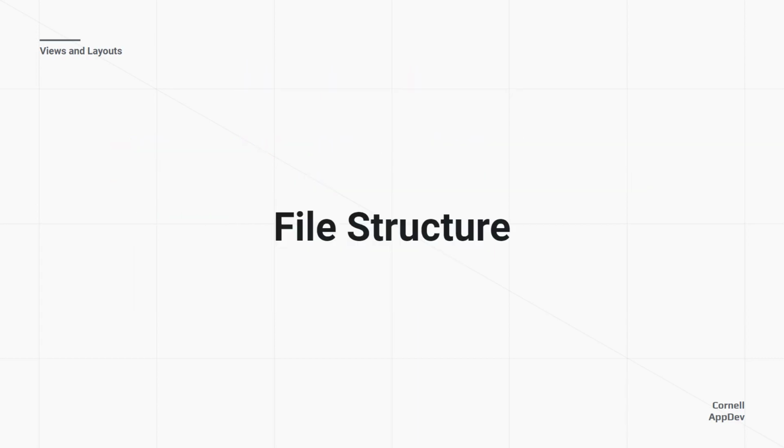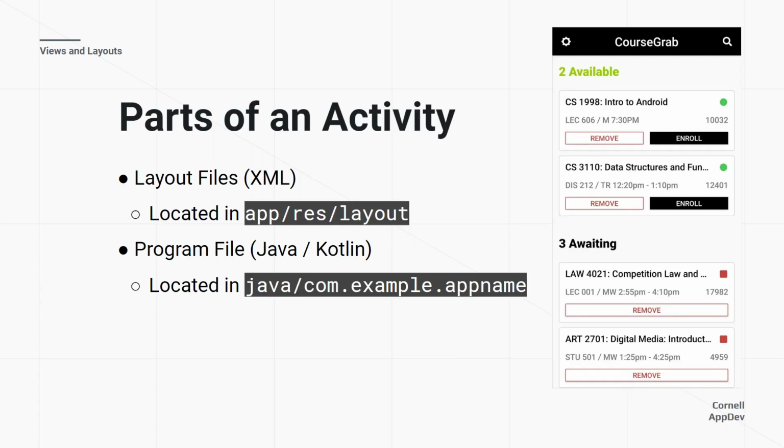All right, so let's first talk about the file structure of resources for activities. An activity has two simple parts. There are the layout files, the XML files that define how the activity will look. Those are located in app, res, layout. Then there are the program files for coding up the activity and the logic behind it.